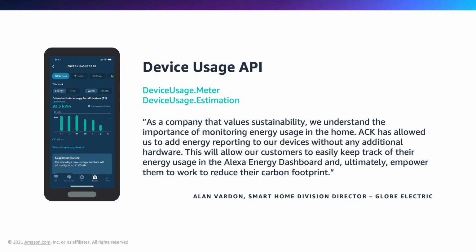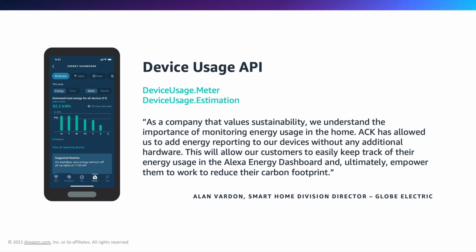There are 2 new Alexa APIs, Device Usage Meter for devices that can periodically report consumed energy, like smart plugs or water heaters. The reported data is then aggregated and energy usage is displayed to a customer by day, week, or months.